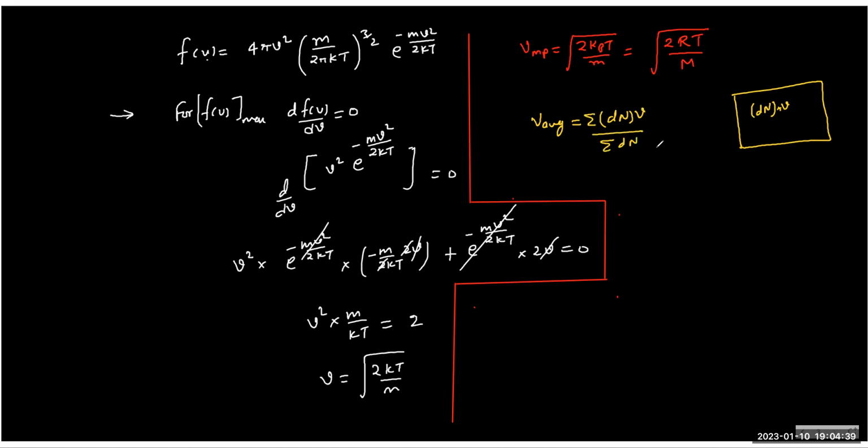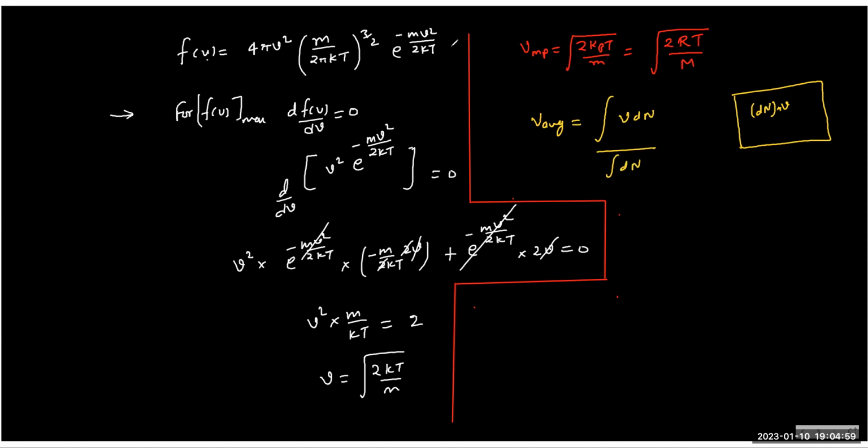This is what you do for the discrete values, isn't it? Yes, sir. So when it comes to the continuous value, the summation will be replaced by integration. So what we write is v dn upon dn. So this is how you have to use the average formula.